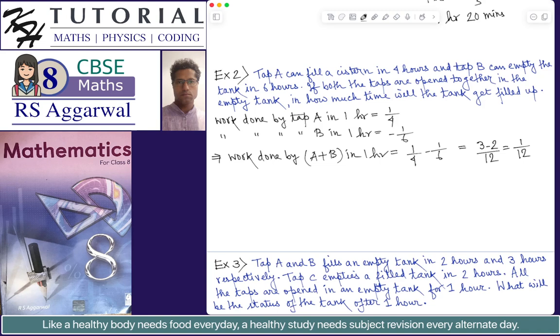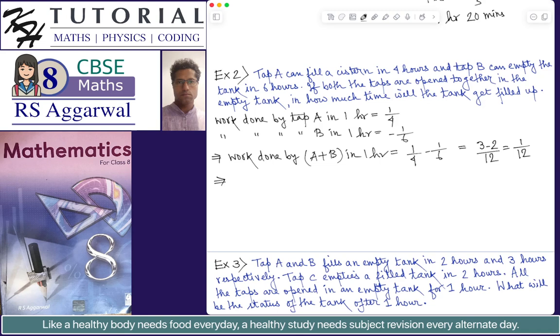So when both the taps are open, in 1 hour the work done by them is 1 by 12. Clearly, since the work done is positive, it means that per hour the tank is being filled, and 1 by 12 part of the tank is being filled with water.